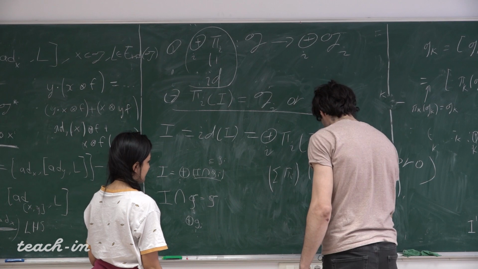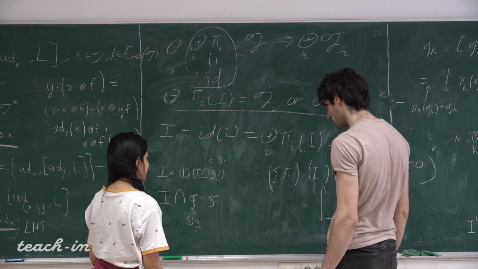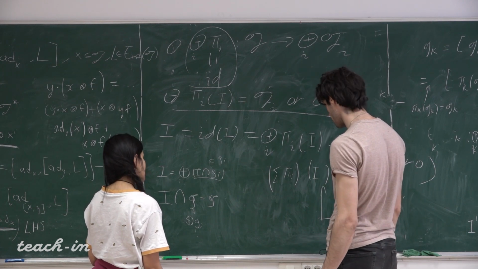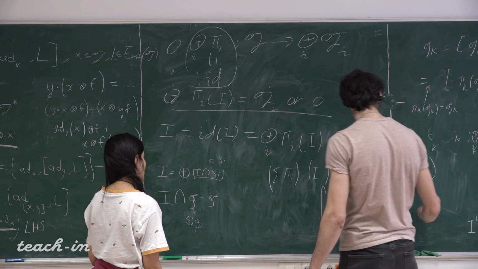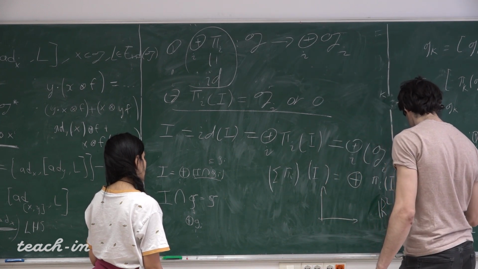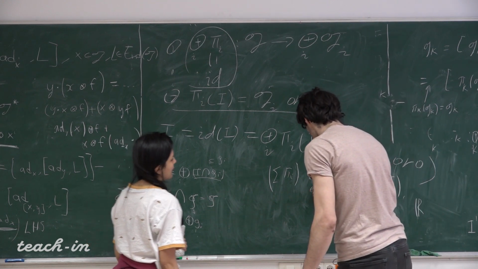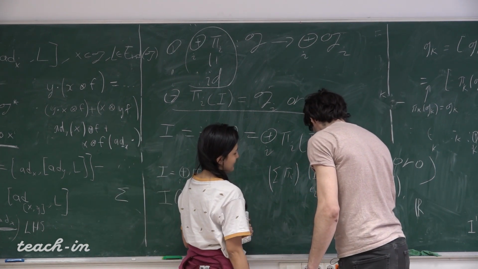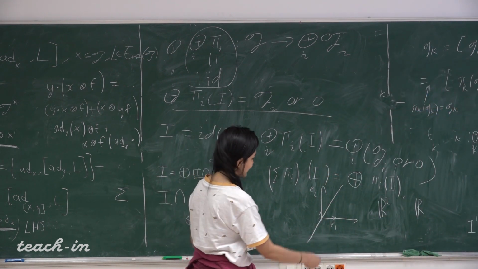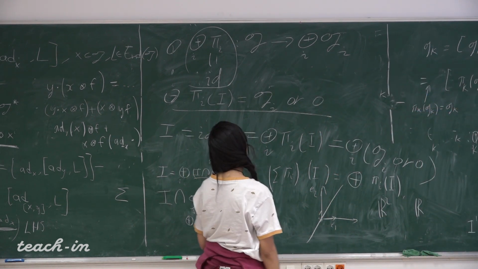So you have 2 directions, and so this is E1, this is E2, right? And you have this. You don't necessarily intersect the axes. Yes, oh yes. Right.